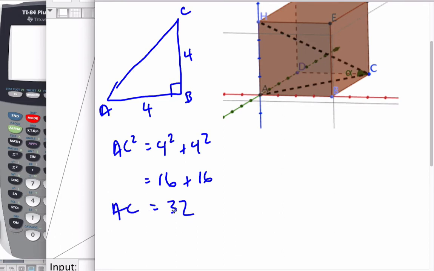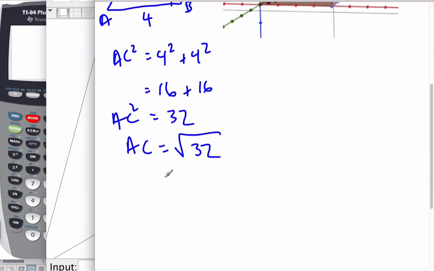So AC squared is 32, so AC is equal to the square root of 32. Now if we simplify this radical, this is 16 times 2, and I choose a perfect square, which is 4 root 2 centimeters.